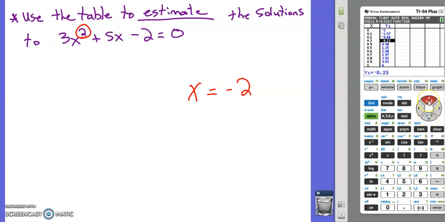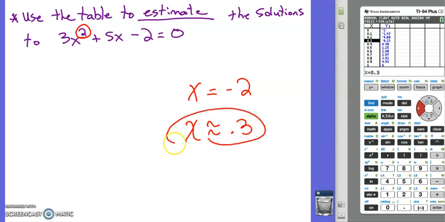Now you can get more exact. It happens in between 0.3 and 0.4. So x is approximately 0.3. If I ask you to approximate, you can literally see it on the table. It's closer to 0.3, so you can estimate it that way.